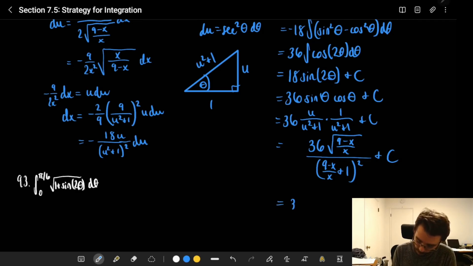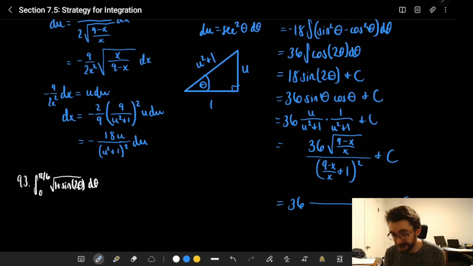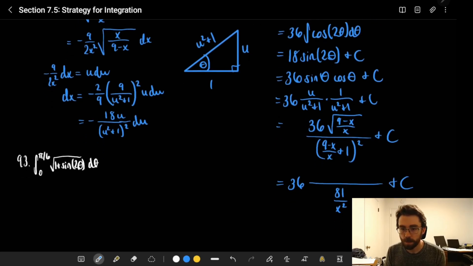Maybe you simplify it a bit more, like the bottom can be simplified. 9 minus x over x plus x over x is just 9 over x. So it's 81 over x squared when you square it. And then you have this. And you flip it around, and you get 36 over 81 is 12 over 27 is 4 over 9.